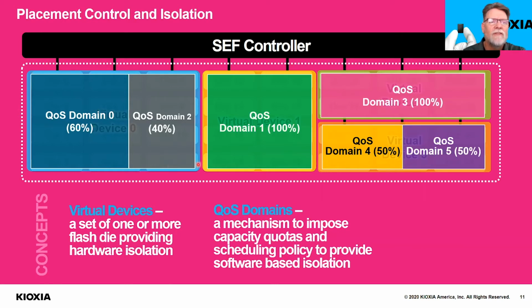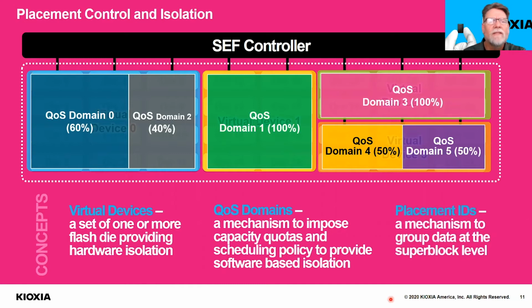So in this example, 2 QoS domains are sharing one virtual device. This QoS domain is consuming the entire virtual device. And likewise, the amount of capacity that's allocated to a QoS domain can be variable and allocated over time.